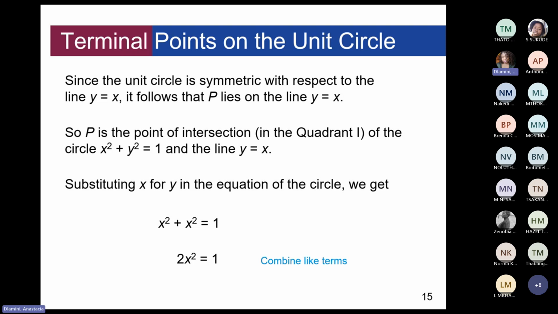Now they're saying that since the unit circle is symmetric with respect to the line y equals x, it follows that P lies on the line y equals x. Okay, I'm tempering myself not to talk about this thing.